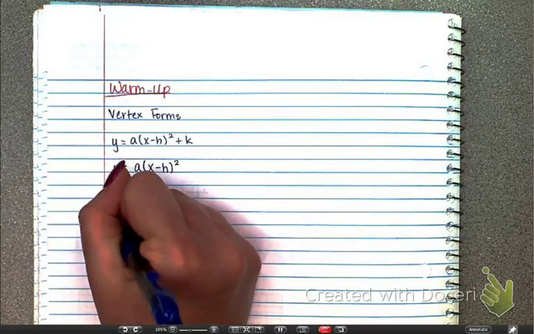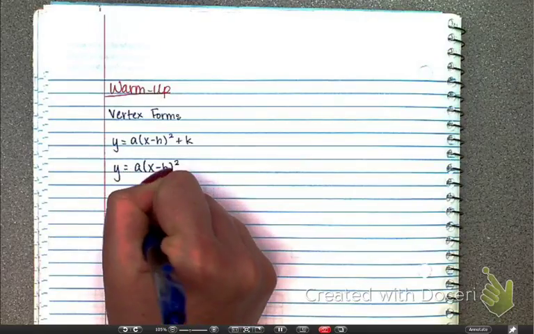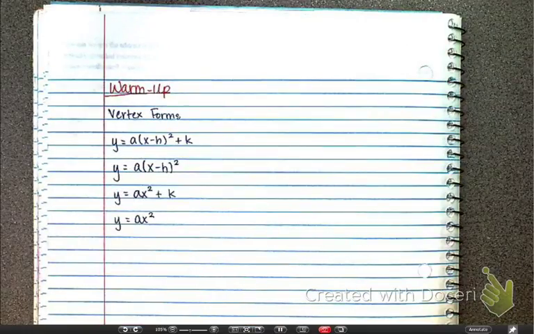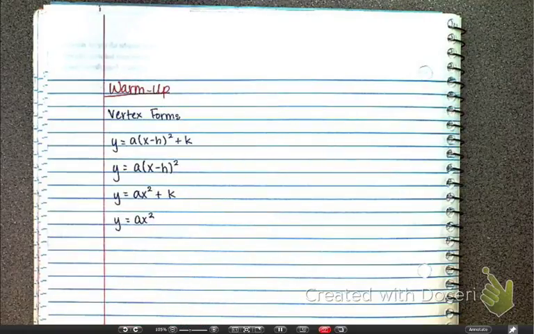And we've also seen when there's no h or k, or where both of them are 0. You had one of each of those, I believe, on your quiz yesterday. I lied. You didn't have this one, I don't think, but you still need to know it. Okay, all of those are vertex form.